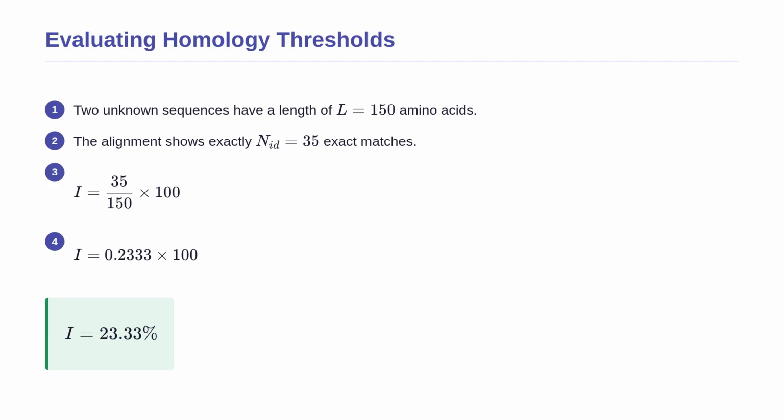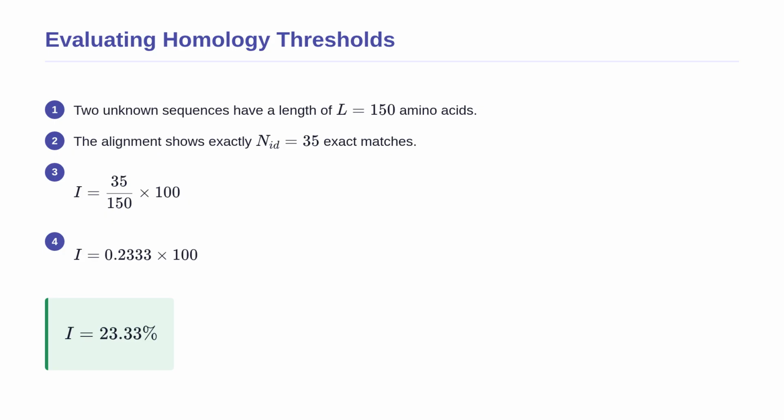Before we move on, let us see this threshold concept with a concrete example. A researcher aligns 2 unknown protein sequences that are exactly 150 amino acids long. The software finds 35 exact matches. We are asked if these sequences are homologous. First, we substitute our exact matches and total length into the identity formula.